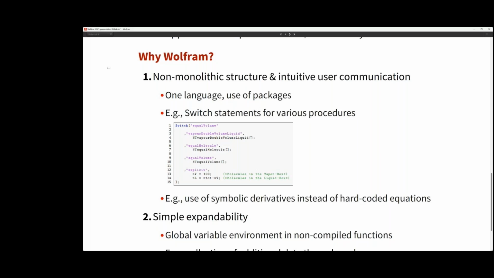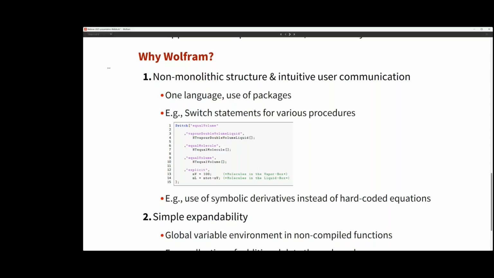But these codes often only communicate with the user in a rudimentary way using text files. And as a consequence, the users are reluctant to change or extend such programs because it takes longer to familiarize themselves with the code than if they were to rewrite the program from scratch by themselves.